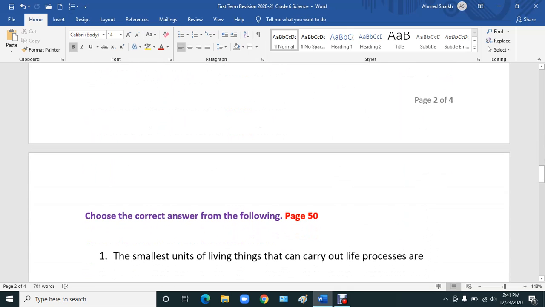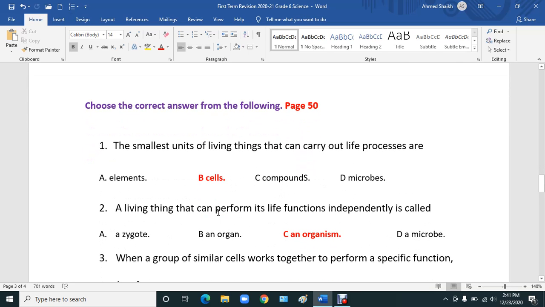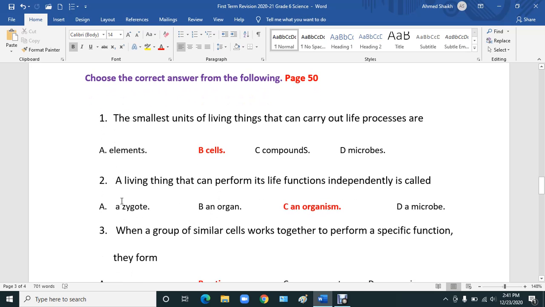Now here, choose the correct answer from the following, from which you are going to write the answers from page number 50. Number 1: the smallest unit of living things that can carry out life processes is the cell.